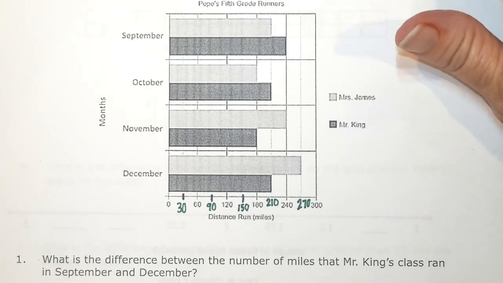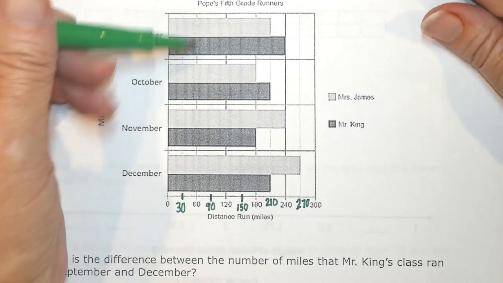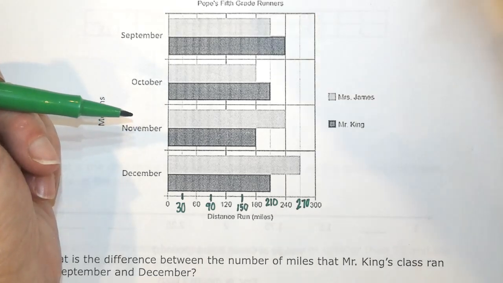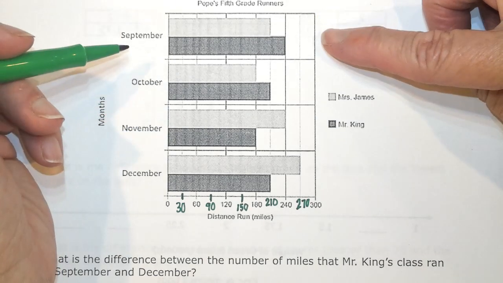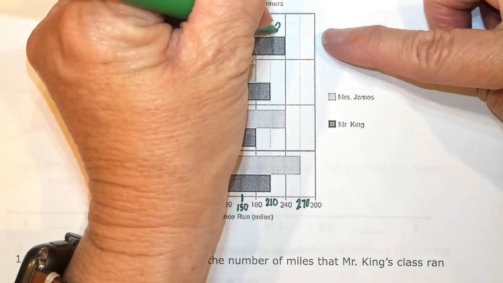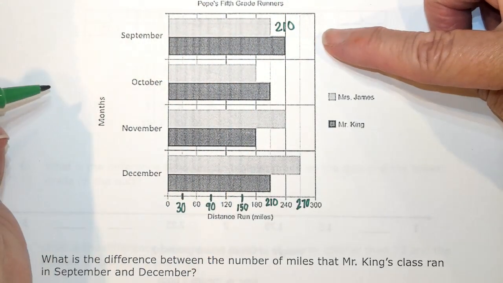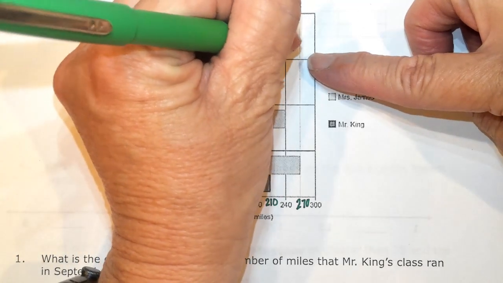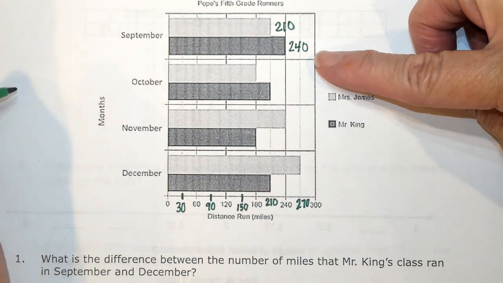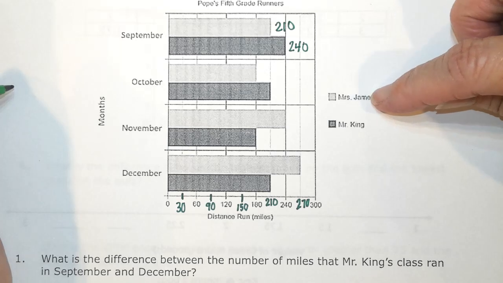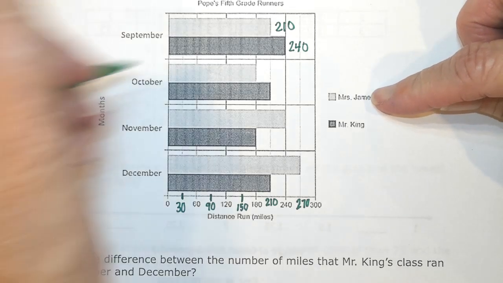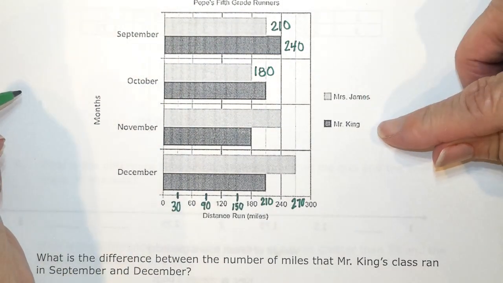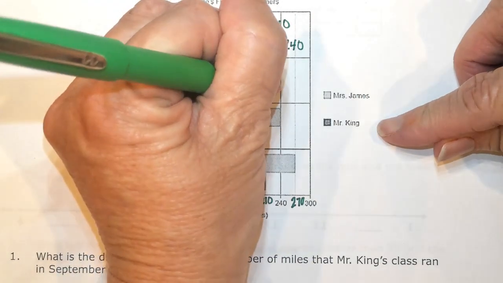Now what I advise that you do is you go through and you mark the different amounts. So it looks like for Ms. James in the month of September, they ran 210, while Mr. King ran 240. Ms. James again in October was running 180, while Mr. King was running 210.